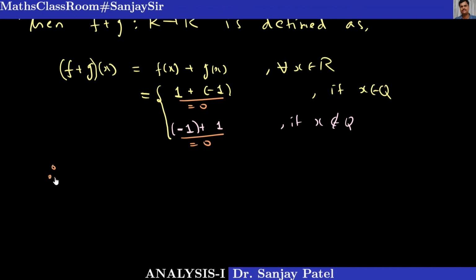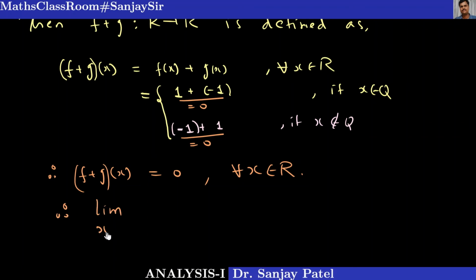So thus, in any case, f plus g of x is equal to 0 for every x belongs to R. So it is a constant function, and therefore limit of f plus g of x at any point is nothing but limit of the 0 function, which is a constant function, and therefore its limit is 0.